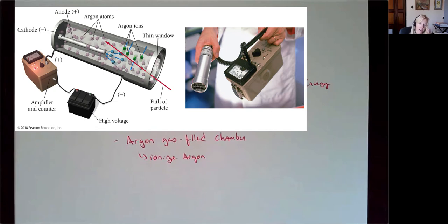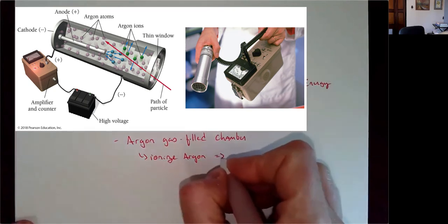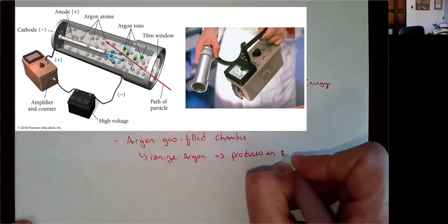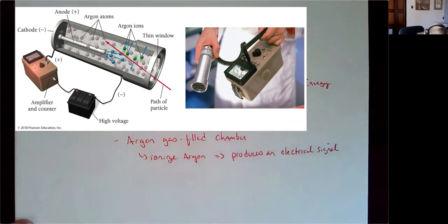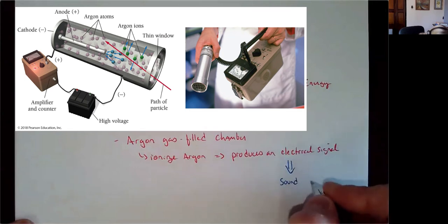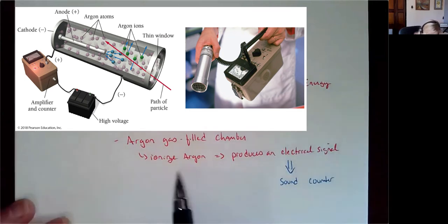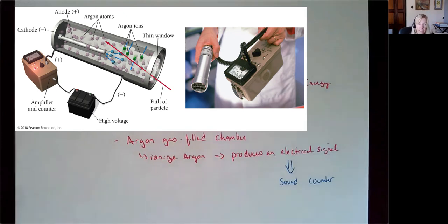And so if I have an argon-filled gas container and there is some radioactivity that it has detected, it's going to ionize that argon. Ions in any scenario are able to carry an electrical current. And so once this is ionized, it produces an electrical signal, which is then connected to a sound, that's that counter. And the more ionizing, the more electrical signal, the greater that sound is going to be.